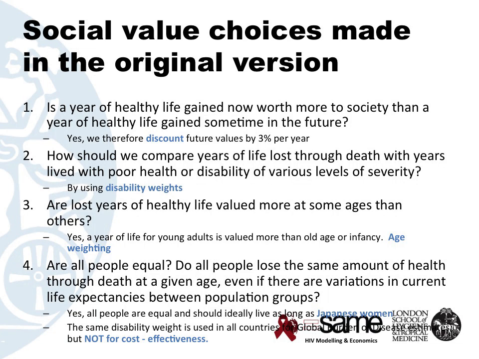Question 3, are lost years of healthy life valued more at some ages than others? An important difference with QALYs and DALYs is that DALYs uses an age weighting. It uses age weighting in the formula that implies that a year of life for young adults is valued higher than a year of life at a very old age or in infancy.